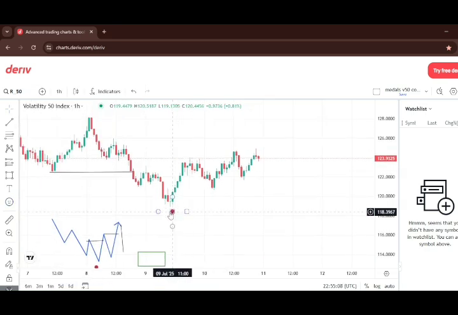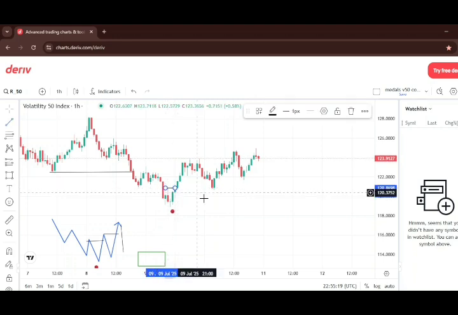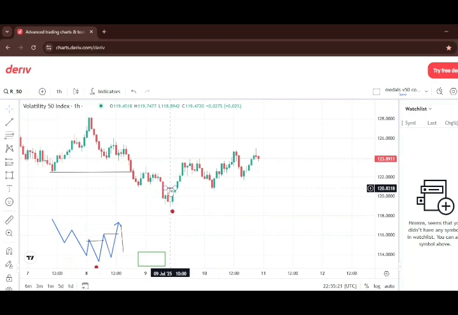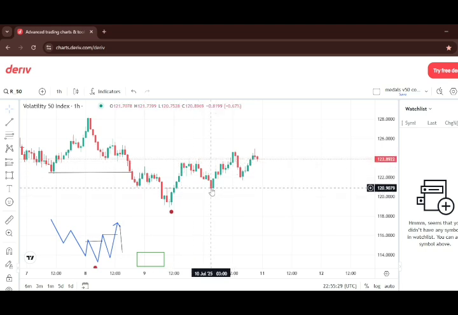So you see, now the market breaks number one structure to the upside and then retraces back. Now this is the level that I will be looking at.